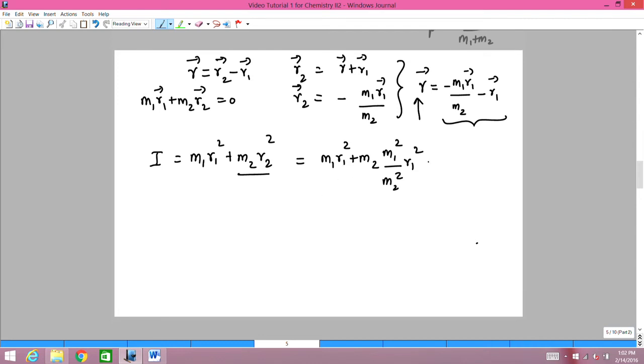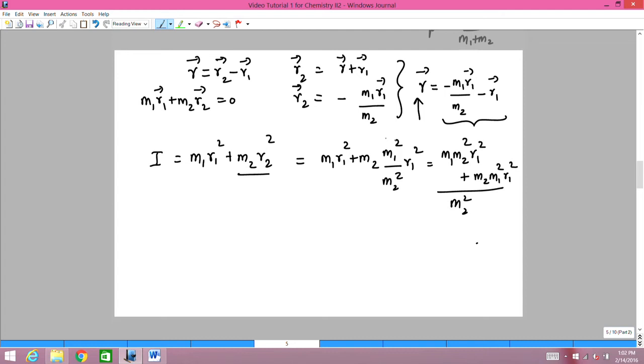And so what is left over is, if you take the common factor, m1 m2 square r1 square plus m2 m1 square r1 square divided by m2 square. Okay.